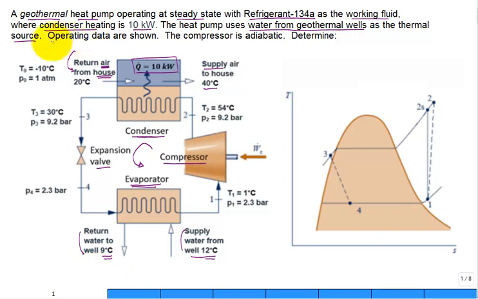And then operating data is shown in the illustration. So we're given for state 1 the refrigerant temperature and pressure, and at state 2 the refrigerant temperature and pressure, and likewise at state 3 the temperature and pressure, and then the pressure at state 4.